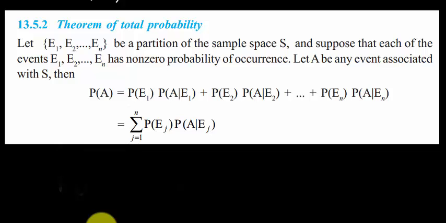It talks about E1, E2, E3 till En being the partition of the sample space. Basically, these are the mutually exclusive and exhaustive events of sample space, and suppose that each of the events has non-zero probability. Basically it states the same condition that all of them have the chance of occurrence, and A be an event associated with S.